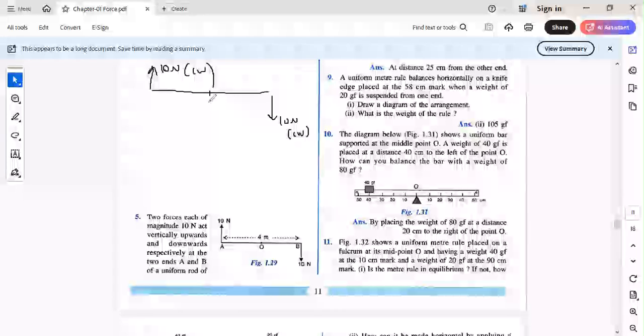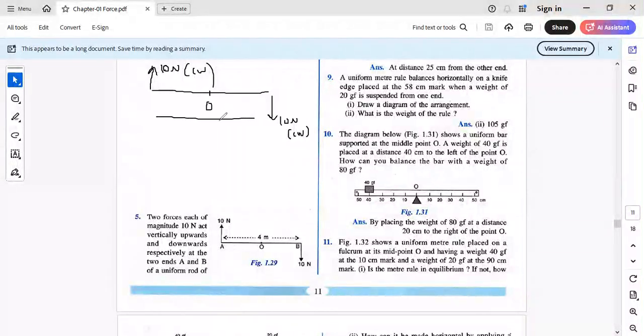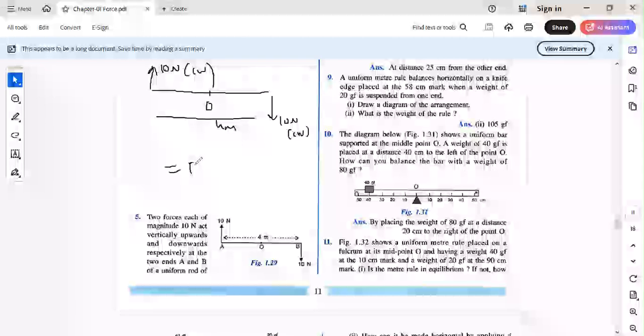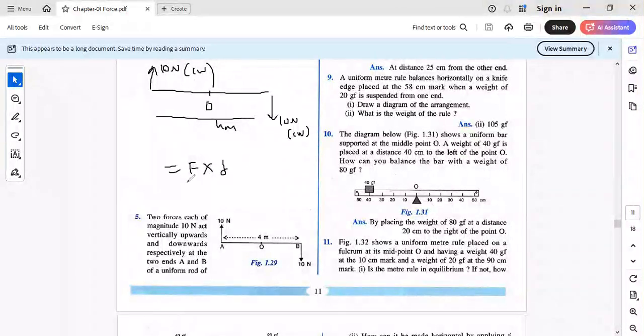And we have in the center O, and the total distance is 4 meters, which means this is forming a couple, and whenever a couple is formed, the moment of couple is given as force into distance between them. Because it is 10 and 10, it is 10 into 4. So the answer comes out to be 40 Newton meter, and this is clockwise.